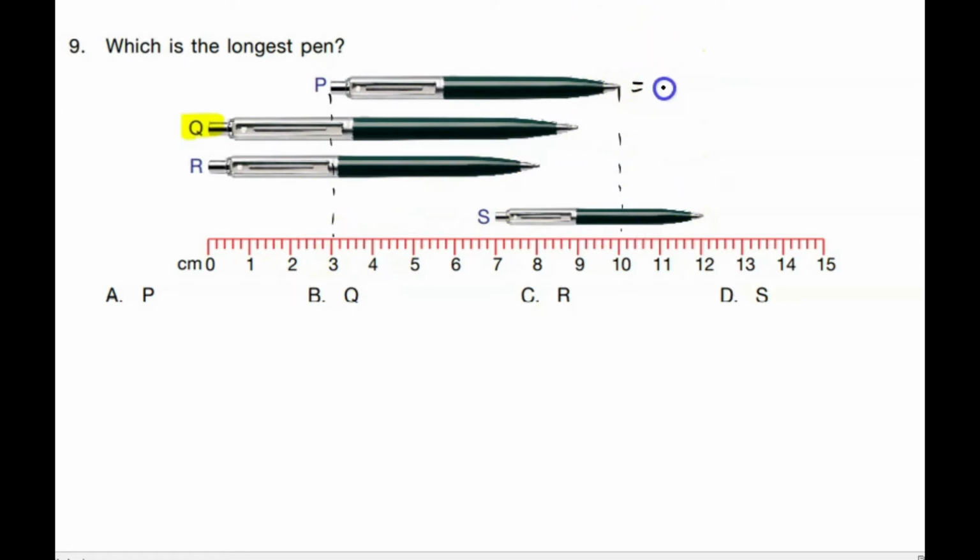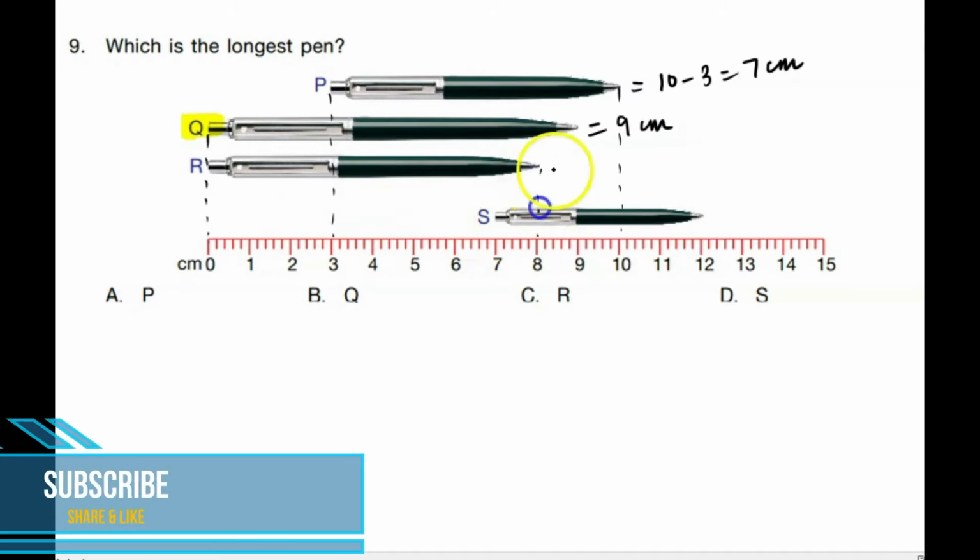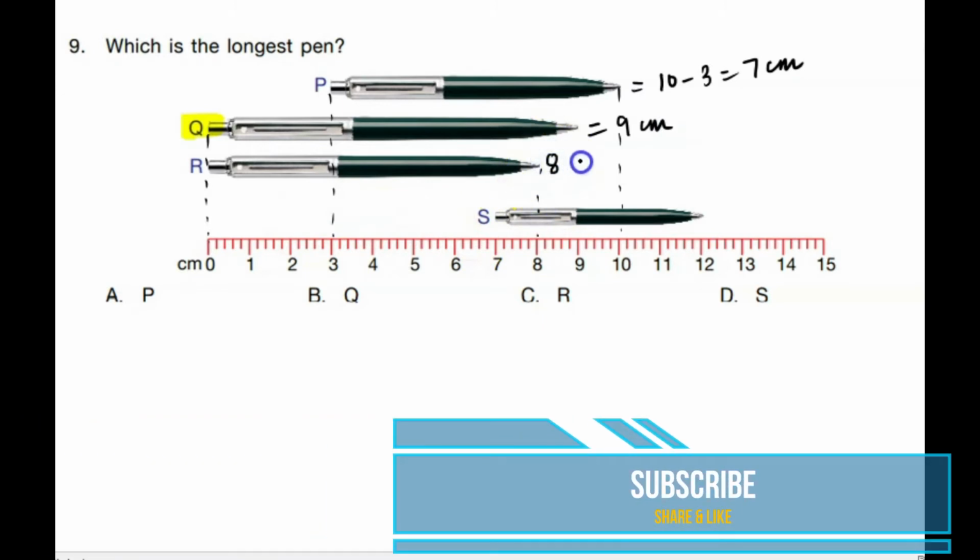So from 3 to 10, that means 10 minus 3. P is 7 centimeter. Now let's do the same for Q. It's starting from 0 and it's ending at 9. Q is 9 centimeter. R is 8 centimeter.